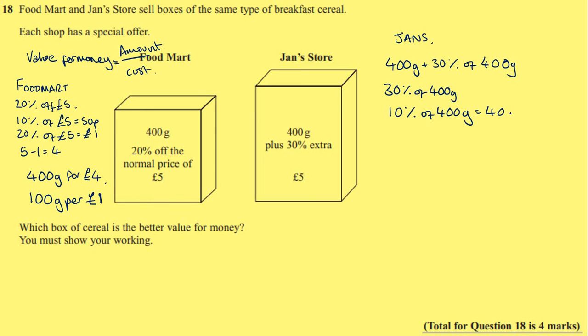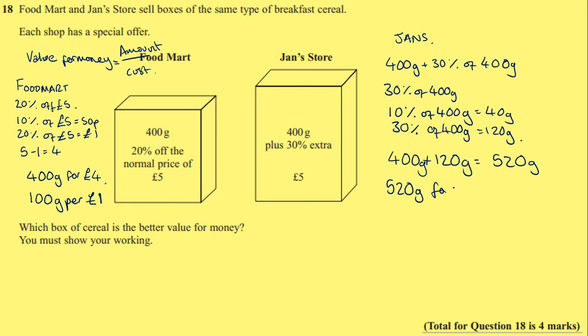Well, that's 40 grams. So 30% must be triple that, which is 120 grams. Okay, so the total for Jan's store is 400 plus 120 grams, which is going to be 520 grams. So at Jan's store, you're getting 520 grams for £5.